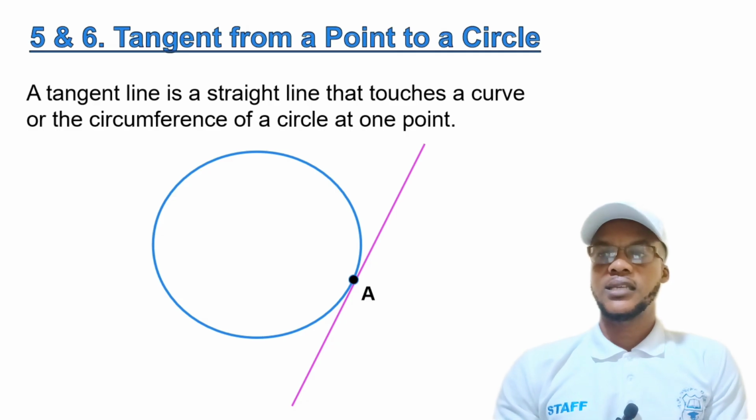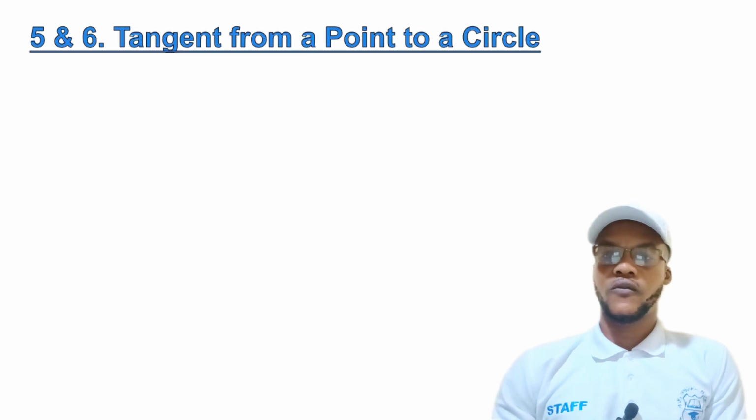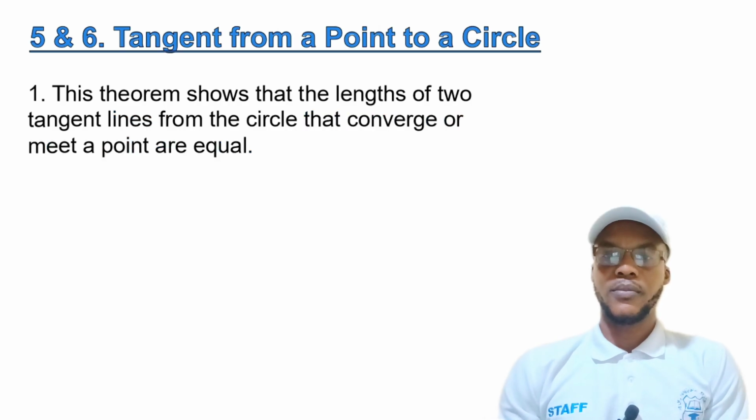Let's look at the theorem itself. What does this say? For the first one, this theorem shows that the lengths of two tangent lines from a circle that converge or meet at a point are equal.